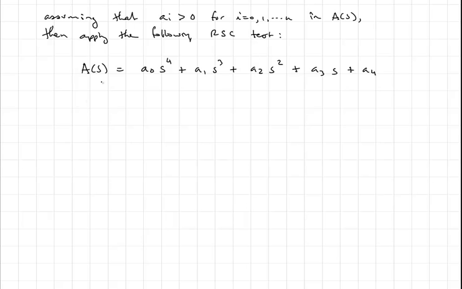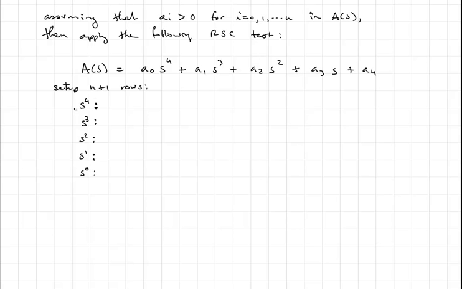Okay, then what we do is set up n plus 1 rows as follows. First row we're going to label s to the 4th because it's the highest power in this polynomial. Next s cubed, next s squared, s to the 1st, and then s to the 0.